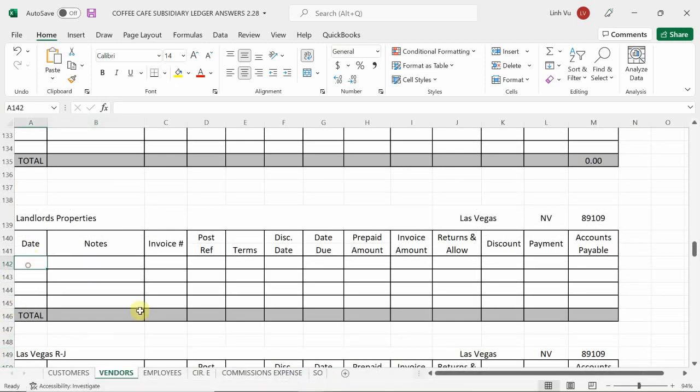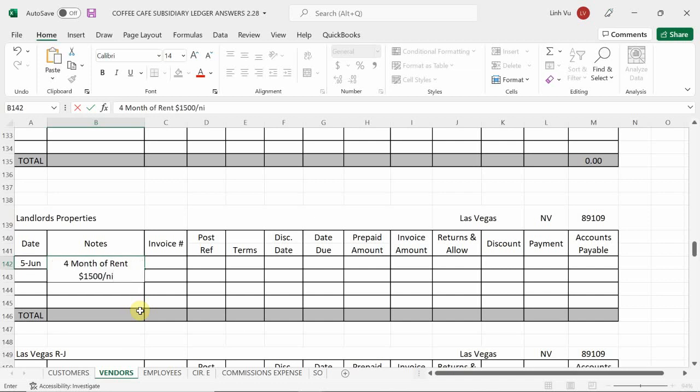Right? Date that you saw them was June 5th. Okay? What was the reason, or what are the notes that you want to put here? Well, you could say that you bought 4 months of rent, $1,500 per month.